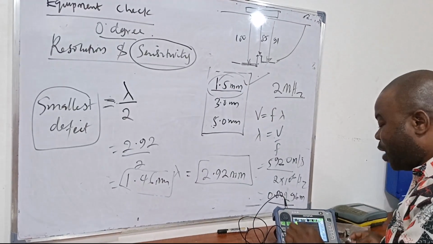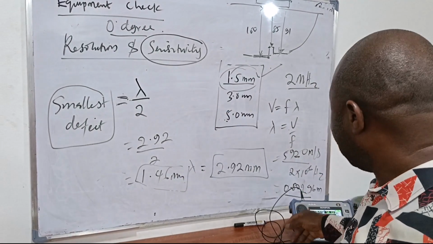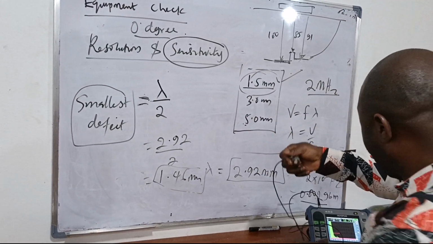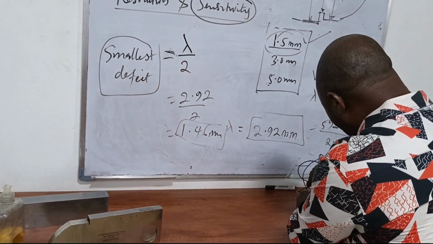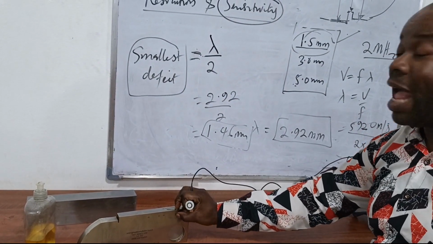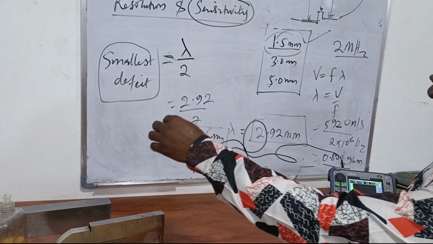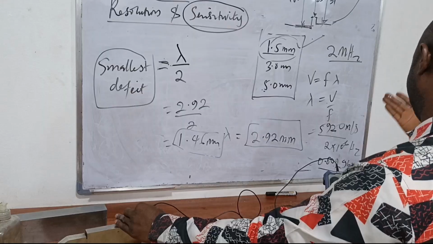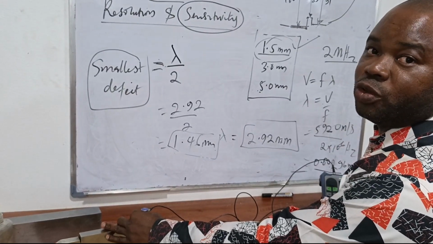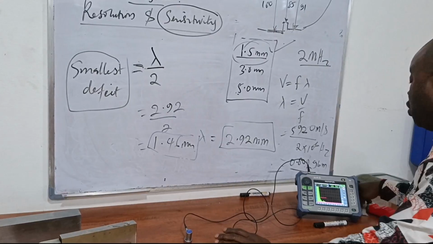But the question you should ask yourself is, if you connect it to the equipment, will it be able to catch the defect and clearly identify it? That is why after doing your calculation, you still need to test it and see if it is able to get that size of hole that you are showing.